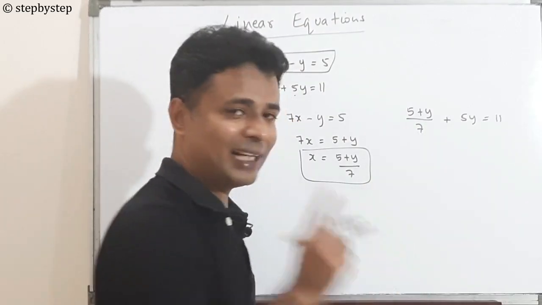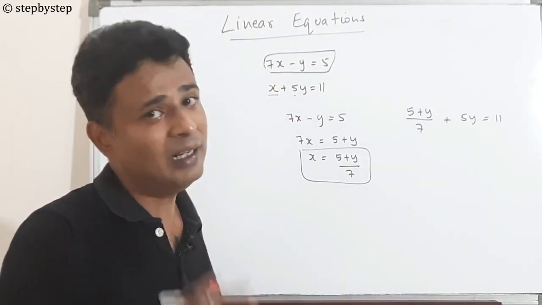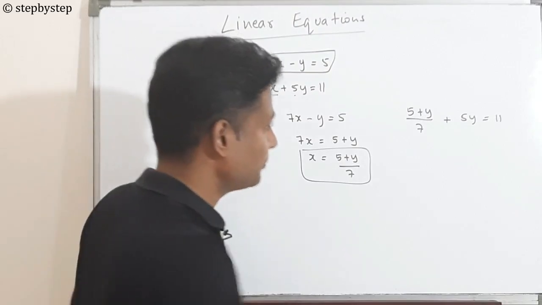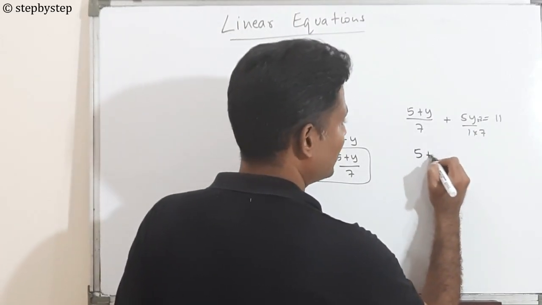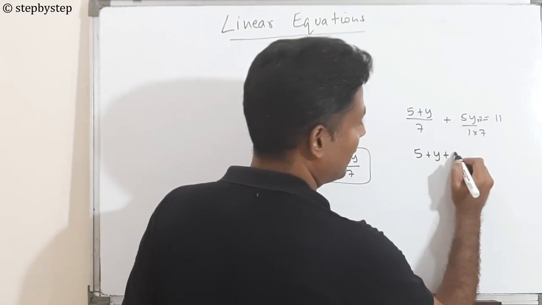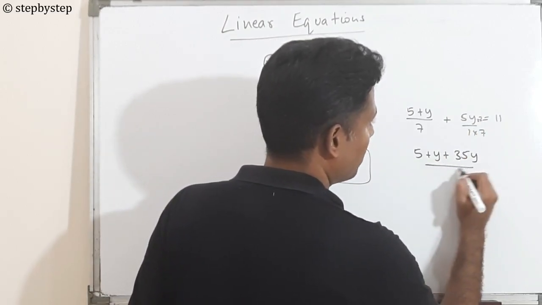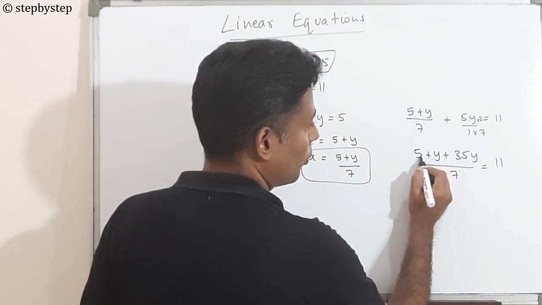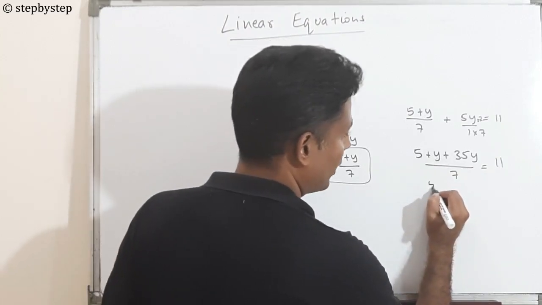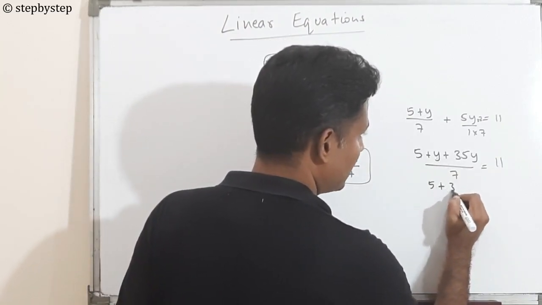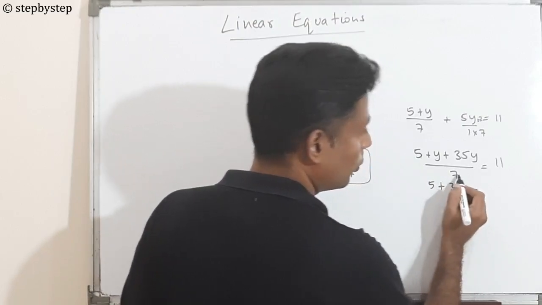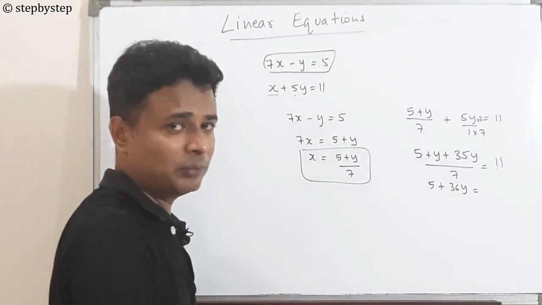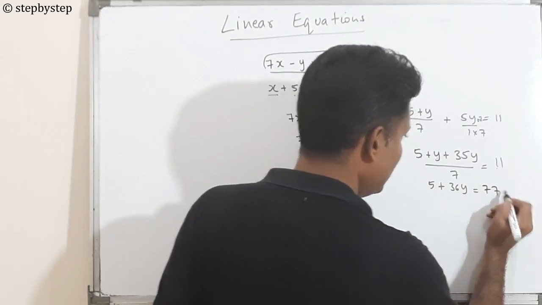Now this entire equation has only one variable, which means we can find the value of y. So now we have 5 plus y plus 5y into 7 is 35y, by 7 equal to 11. So 5 plus 36y equal to, when I transpose this 7 to the other side, it becomes 11 into 7, 77.